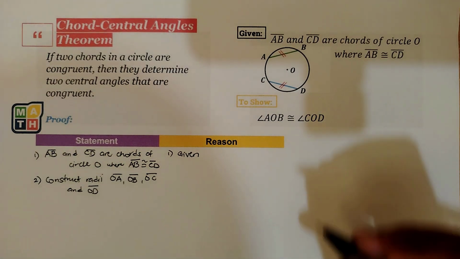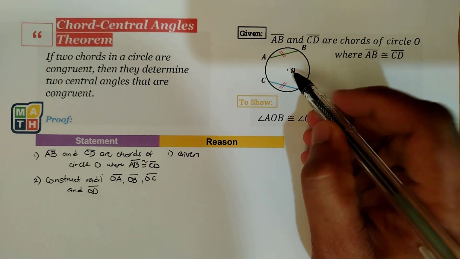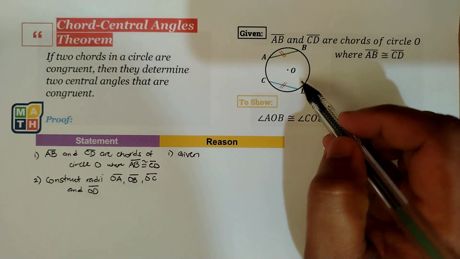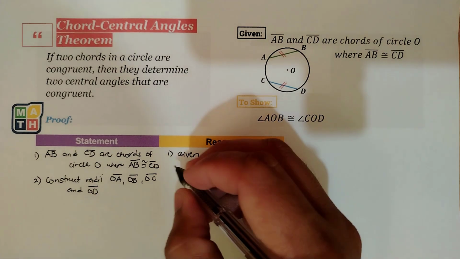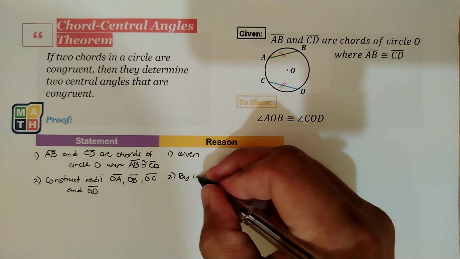And this is possible because O is the center of the circle, and when we connect that center to the points A, B, C, and D on the circle, we will come up with radii. So this is by construction.